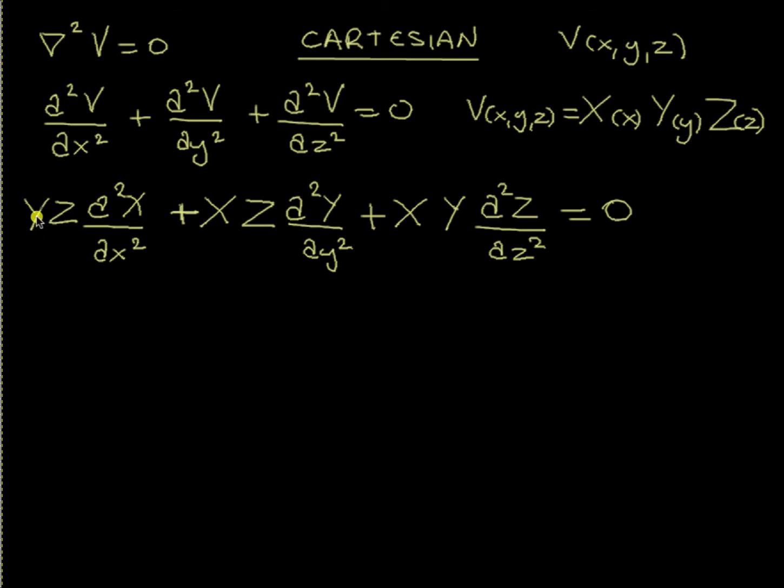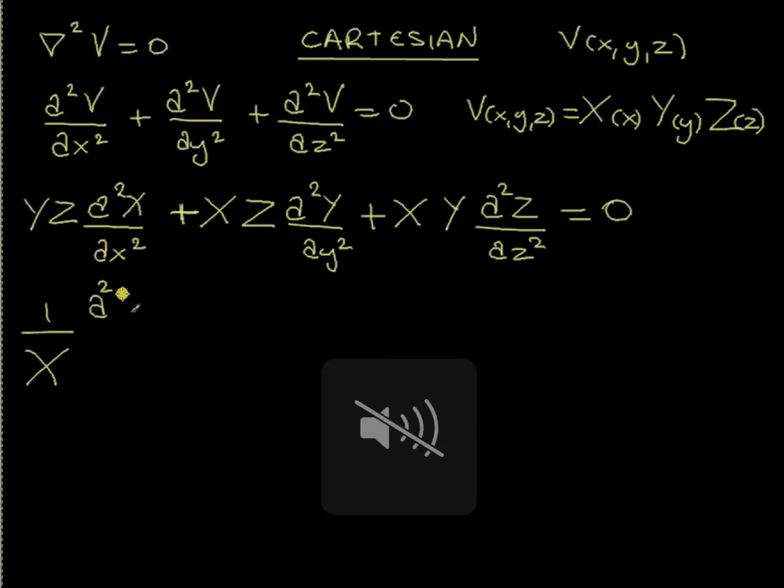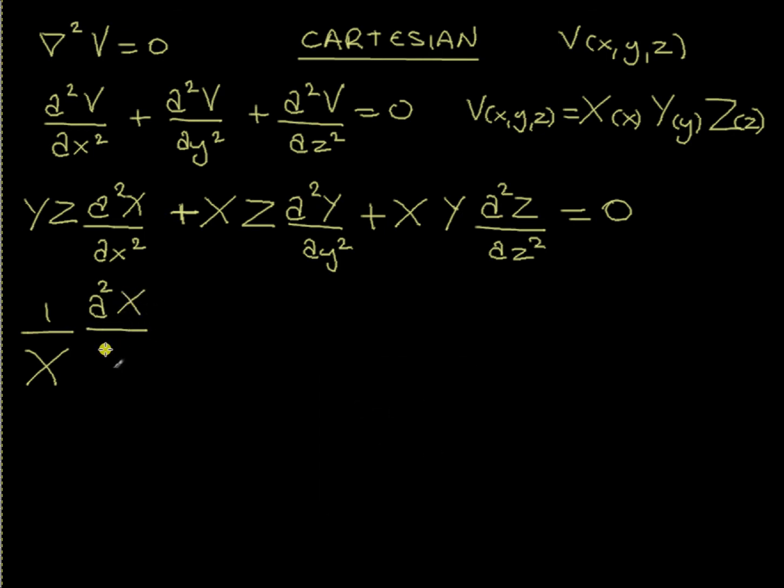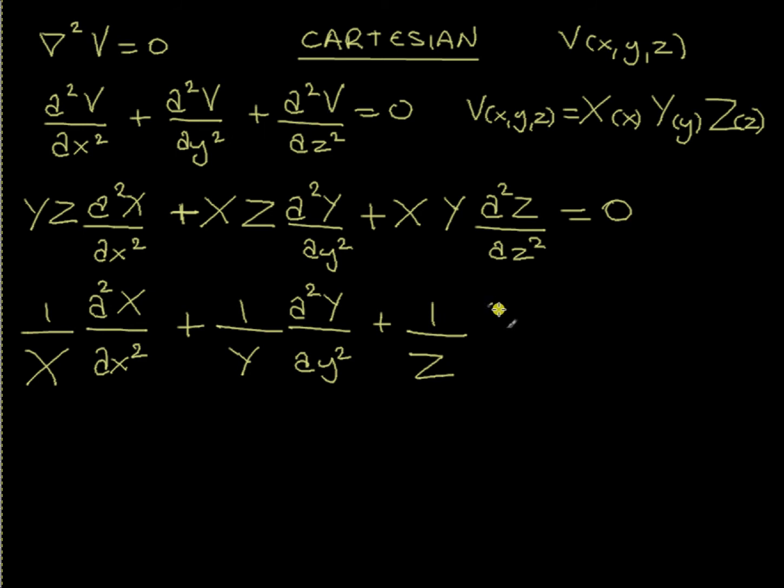And when I do that, the y and z functions cancel out, and at the end I will have 1 over my x function times the second partial derivative of that x function plus, for the second term, 1 over y times that partial derivative plus 1 over the z function times that second partial derivative.